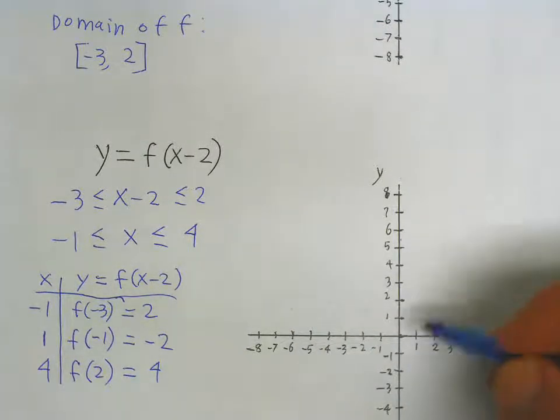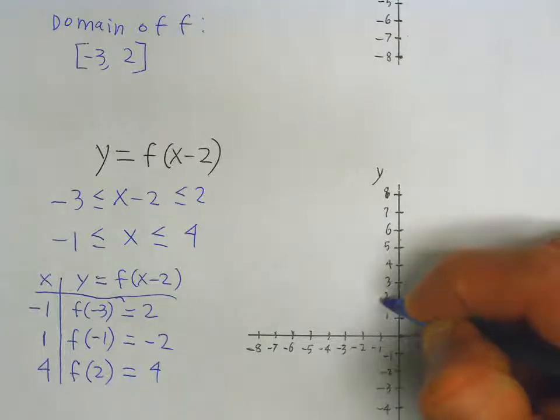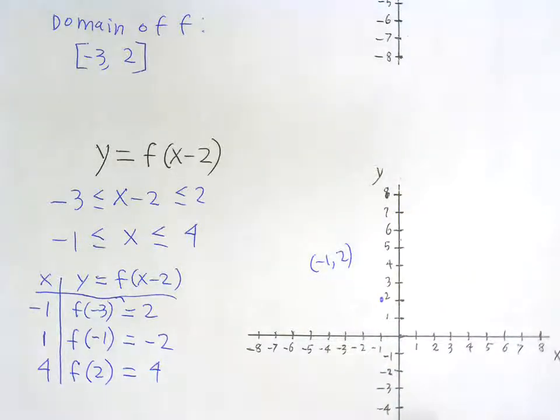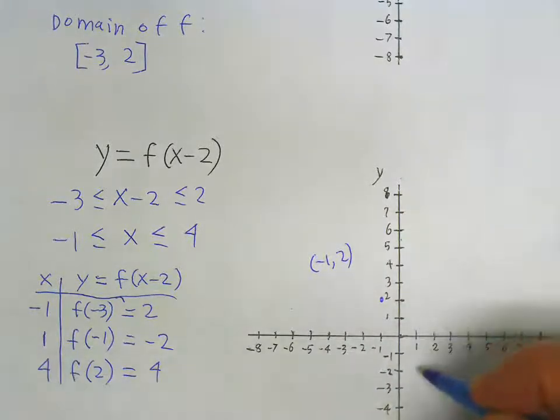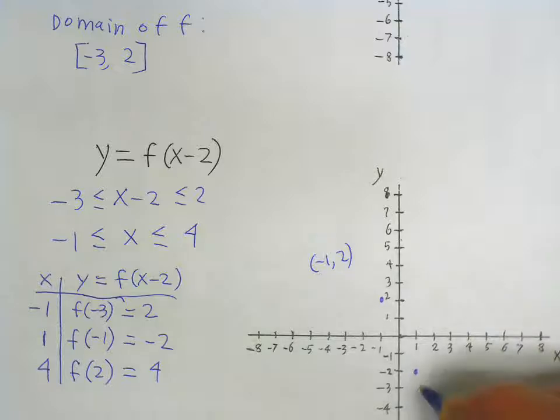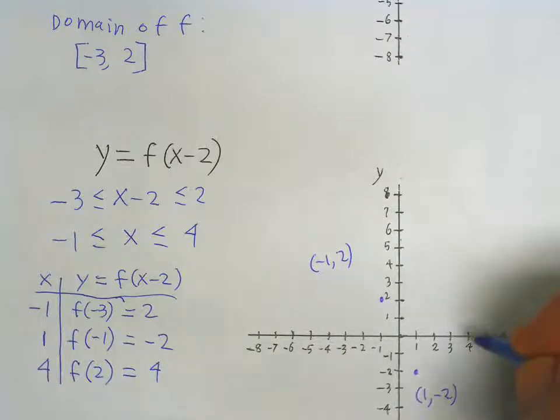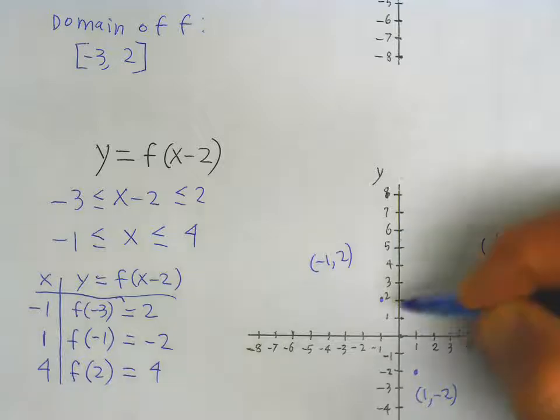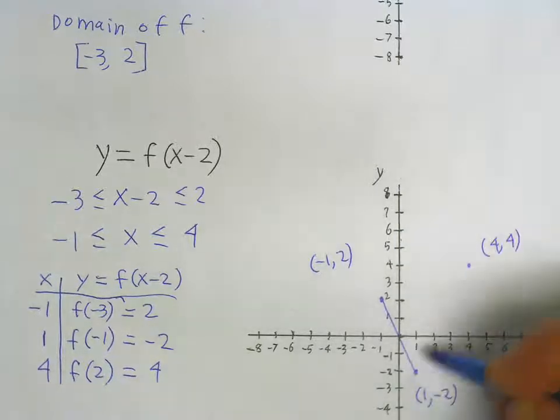Okay, so we plot those points. Negative 1, 2 is this point. 1, negative 2 is this point. And 4, 4 is this point. And then we just connect the dots.